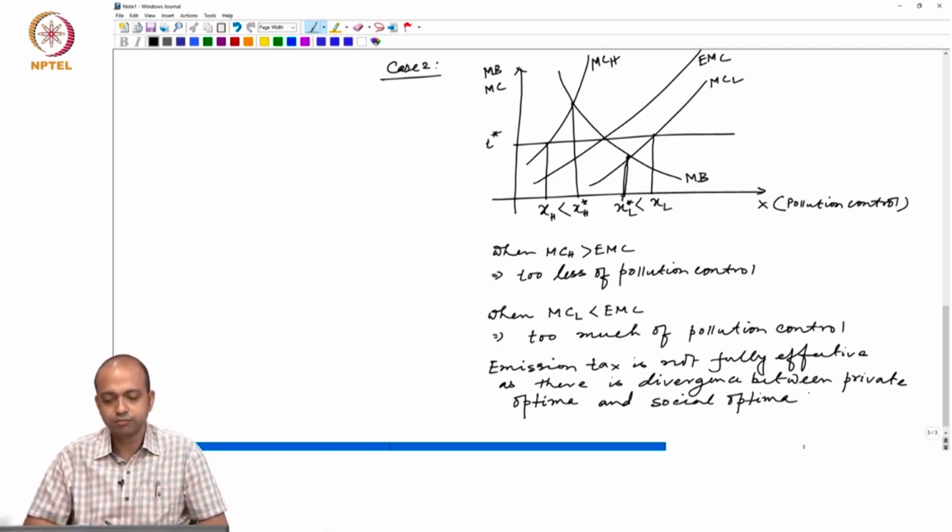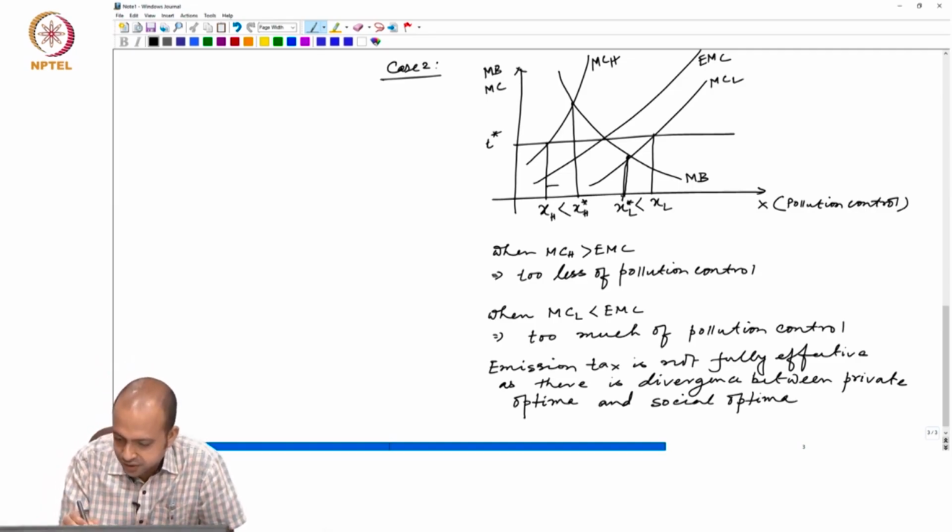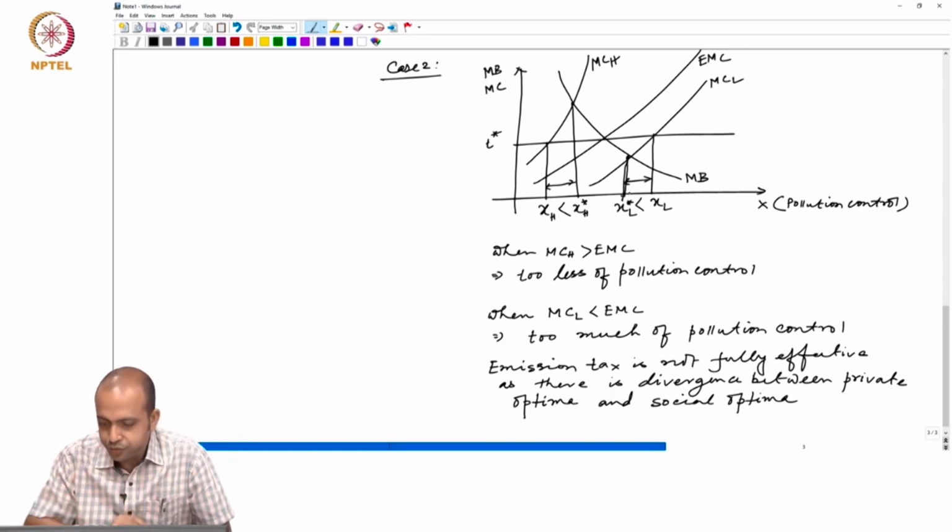There is divergence. So, ineffectiveness is measured by this distance. This is the measure of divergence and this is the measure of ineffectiveness.